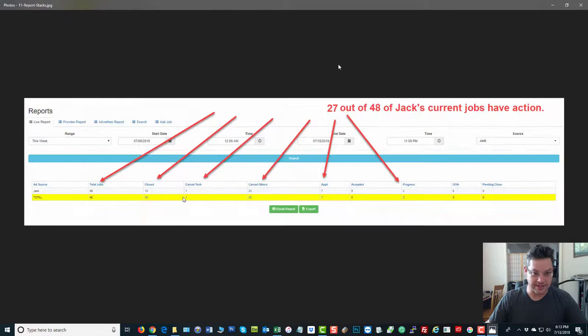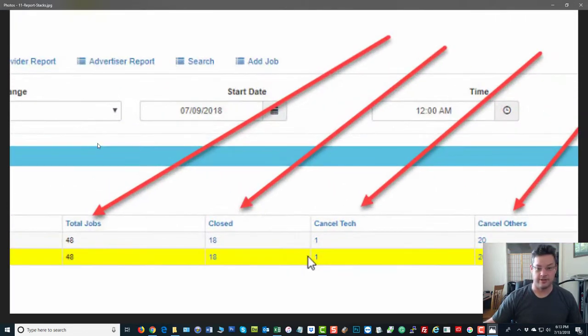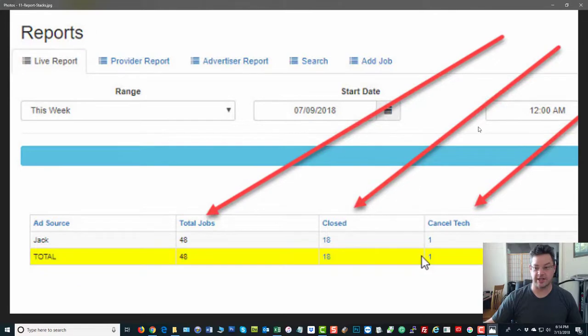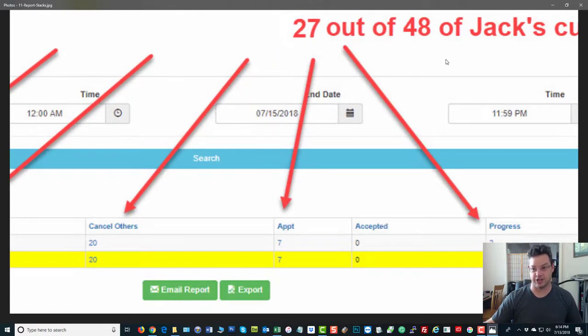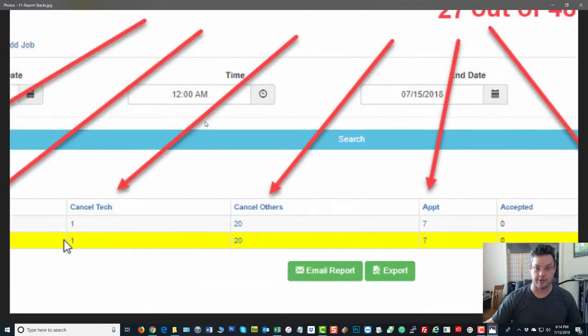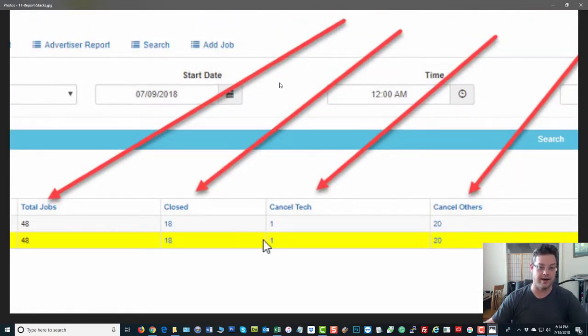But I love this. So far 27 out of 48 of Jack's current jobs have some kind of action. This week, 7/9 to whatever it is, and like I said, it's July 11th, it's only 2.5 days in.